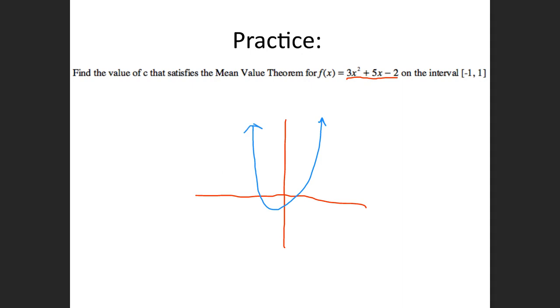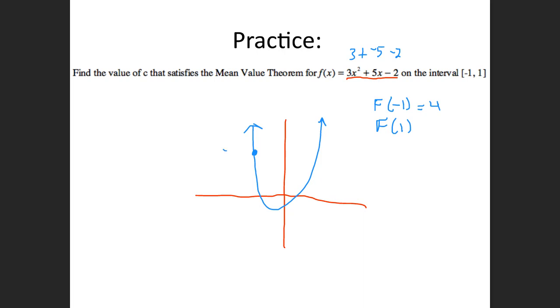What I do need is f of -1 and f of 1. So if I put -1 in here, -1 squared is 1, so that's 3 plus -5 minus 2, that's -7, so is that 4? So at -1, I'm at 4.